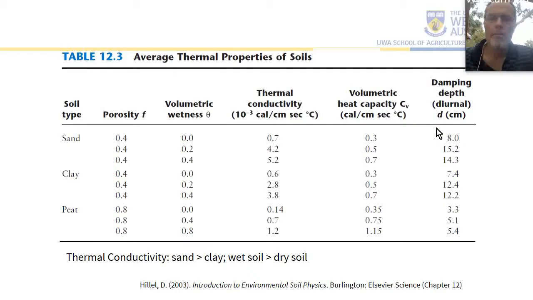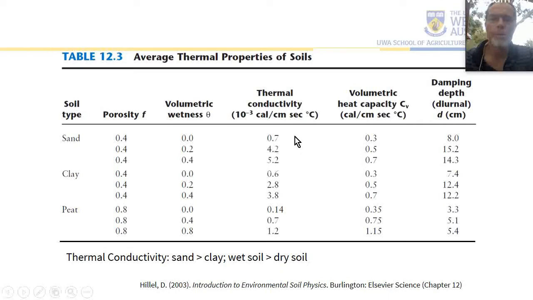The amount to which heat is transferred within the soil or lost from the surface depends on things like texture and water content of soil, and to some extent porosity. So let's look at things like thermal conductivity, so how fast energy can be transferred through the soil.